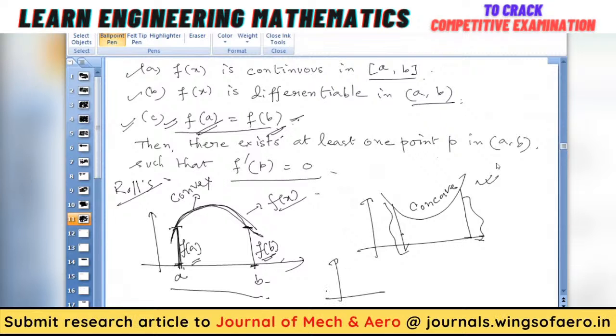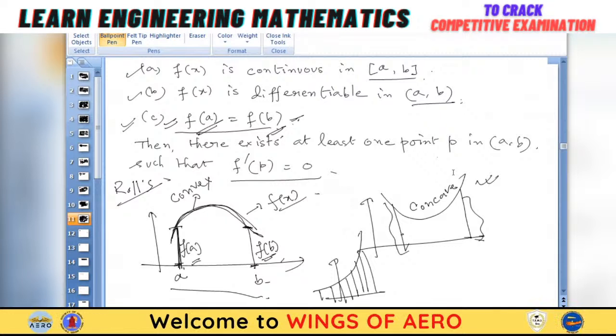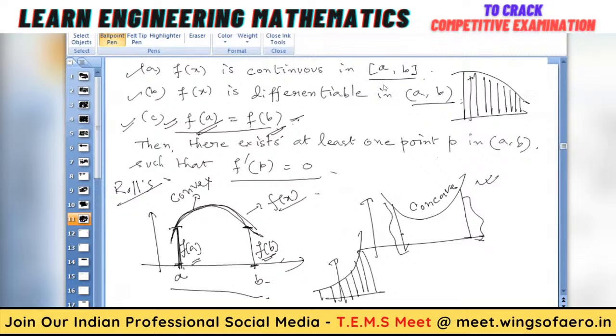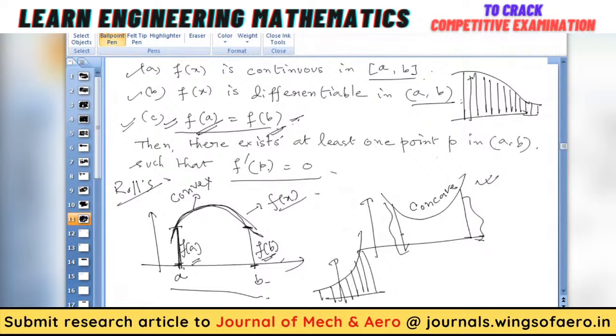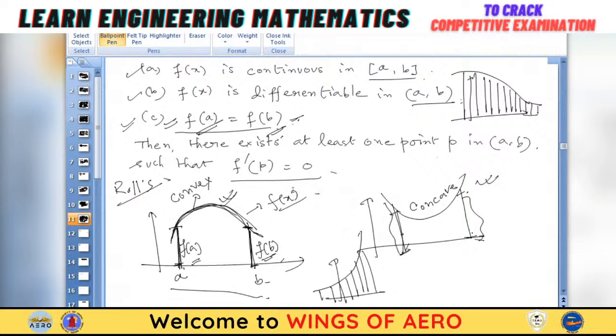If the function is an increasing function like this, you can never find two different points giving you the same functional value. If the function is a decreasing function like this, you can never find the same functional value at two points, because it is always decreasing. So f(a) and f(b) will be the same only if the function is either concave or convex.